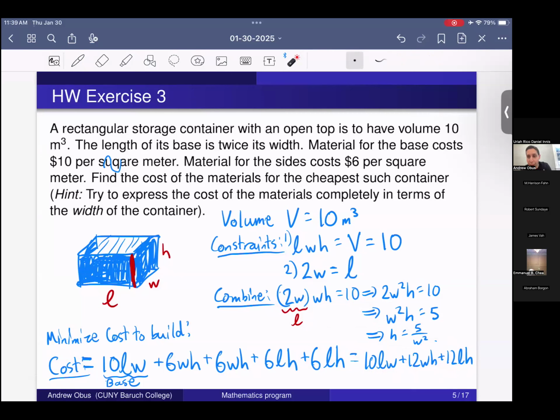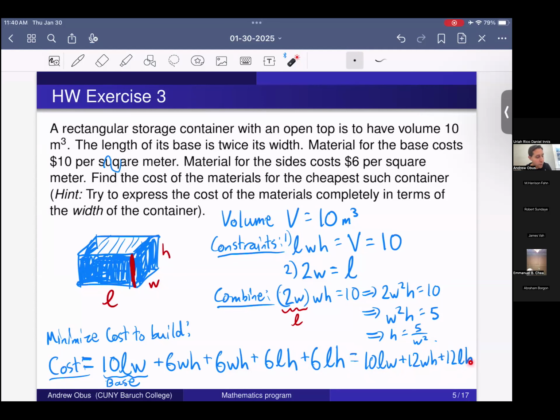But before we do that, I want to make sure that everybody understands why this is the expression that gives us the cost. This is very important to know, that we have an expression for the cost to work with. If we can't write down the cost as a variable expression, then we can't work with it to minimize it.